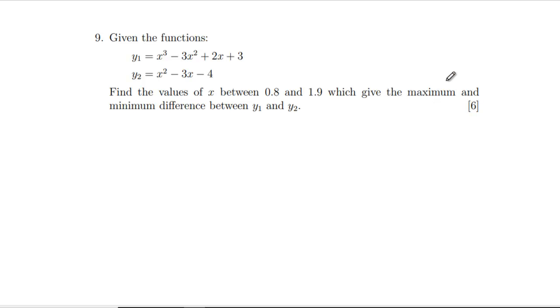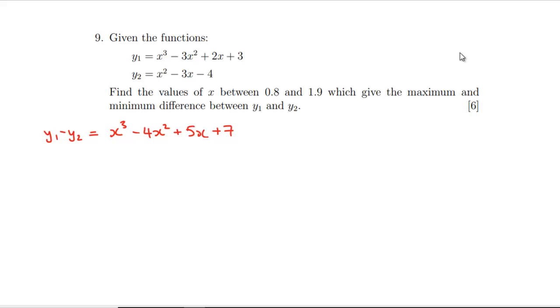Given those functions, find the values of x between 0.8 and 1.9, which give the maximum and minimum difference between them. Right, so y1 minus y2 is equal to x cubed minus 4x squared plus 5x then plus 7.